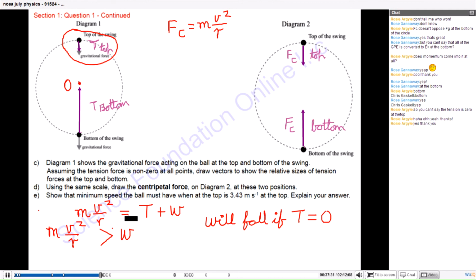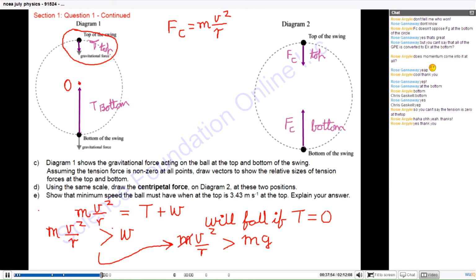So I can then write down, from here, mv squared on r must be greater than W, which is mg. So what happens?